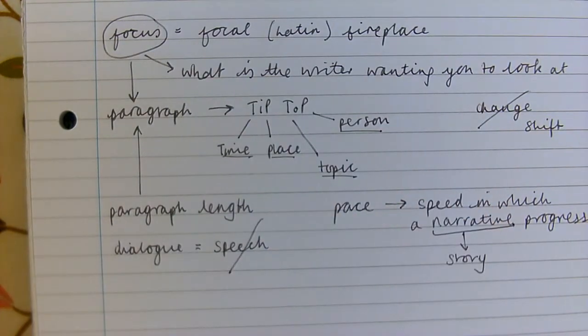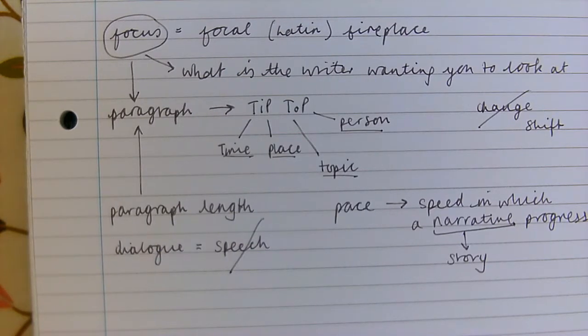You can say speech, but the proper terminology is dialogue. And obviously that picks up the pace because lots of things are told to you very quickly through dialogue, whereas often if you're using long prose and it's quite descriptive, it needs a longer piece of writing, therefore the pace is slowed down.